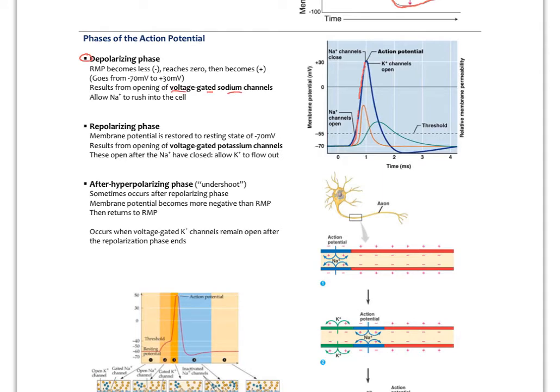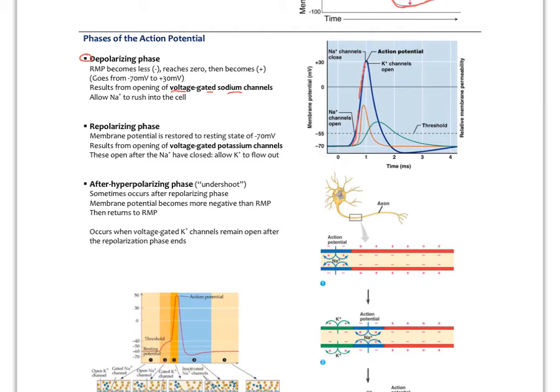If normal resting membrane potential is minus 70, let's say, in an average neuron, if the axon hillock reaches threshold potential, and threshold potential usually is around minus 55 millivolts, so a little bit more positive. If all of the signals from the dendrites summed together reach minus 55 millivolts, that will cause voltage-gated sodium channels to open right there.